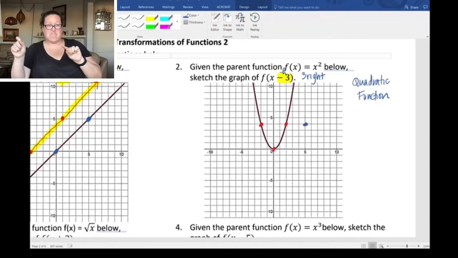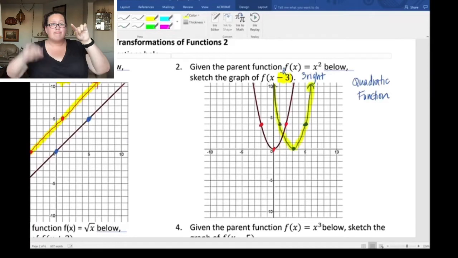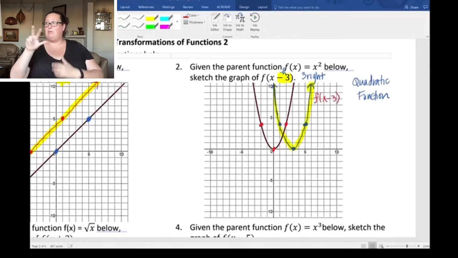Now let's go to 0, 0. Move that 3 units to the right. 1, 2, 3. And let's move -2, 4, 3 units to the right. 1, 2, 3. Once you have those points, draw your curve. So this is f of x minus 3.